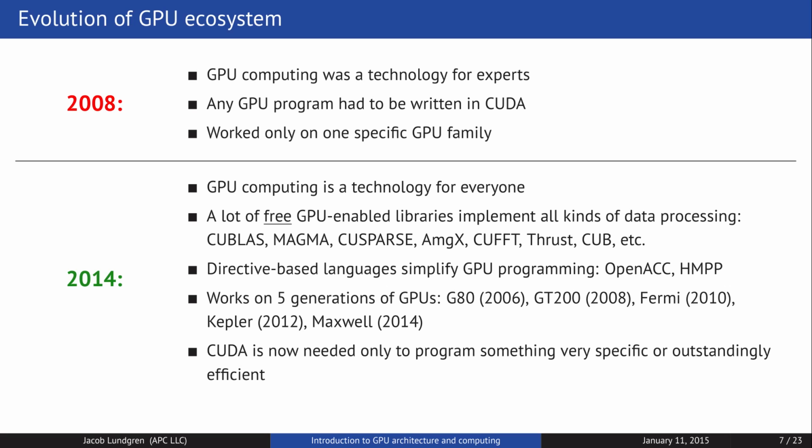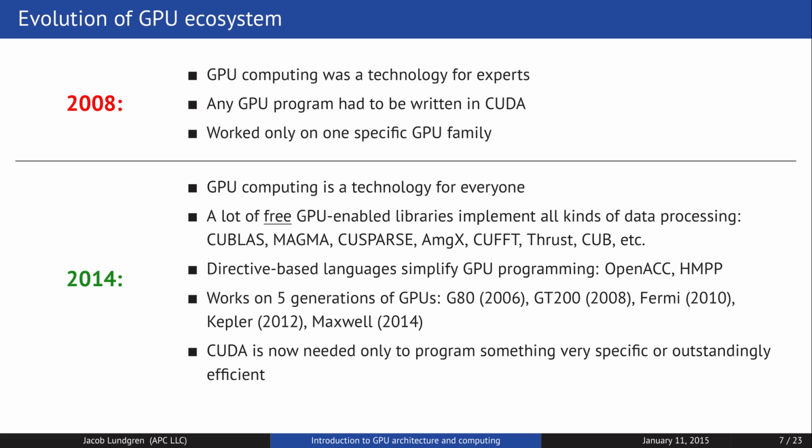There are a wide range of GPU-enabled libraries that implement all kinds of data processing, such as BLAS, Magma, cuSparse, AMGX, cuFFT, Thrust, Cub, etc. There are also directive-based languages that simplify GPU programming, such as OpenACC and HMPP.